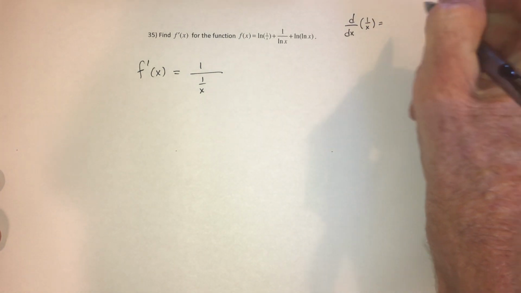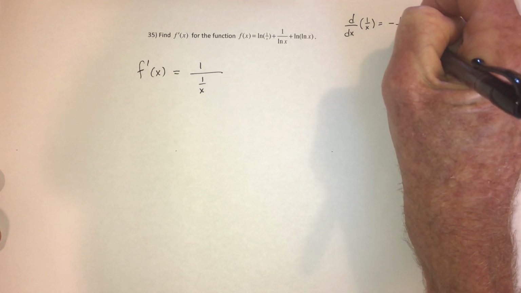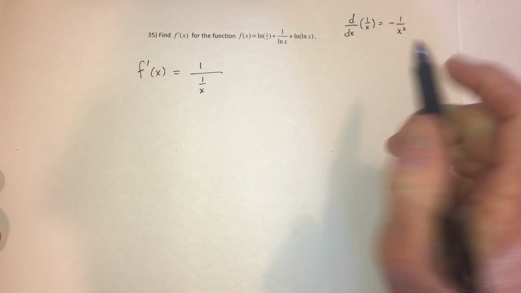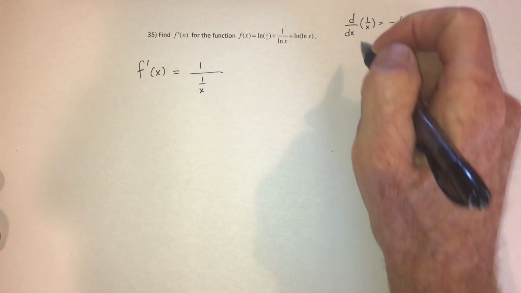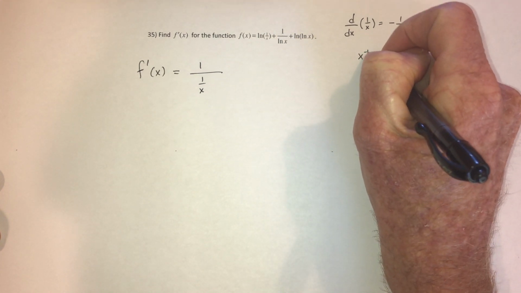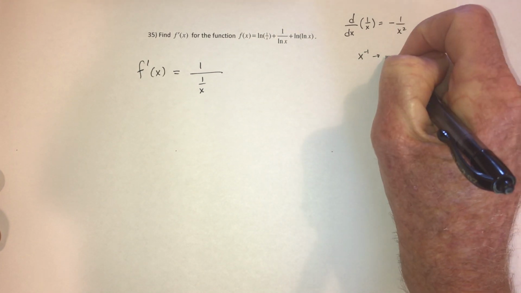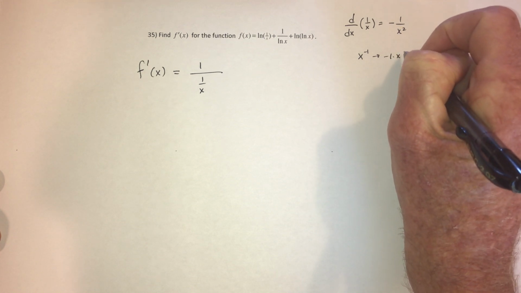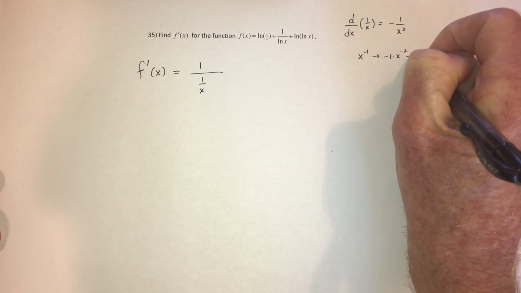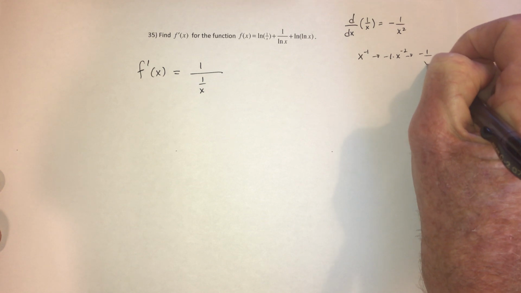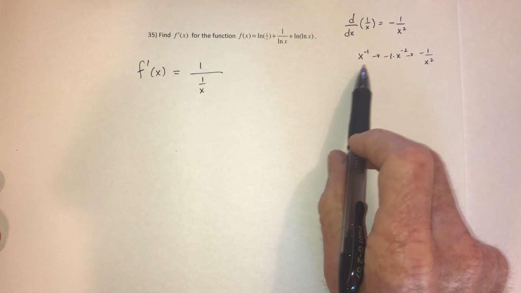The derivative of 1 over x is negative 1 over x squared. Or you could rewrite this as x to the negative 1, then take the derivative, which would be negative 1 times x to the negative 2, and then simplify, and you get the same thing.